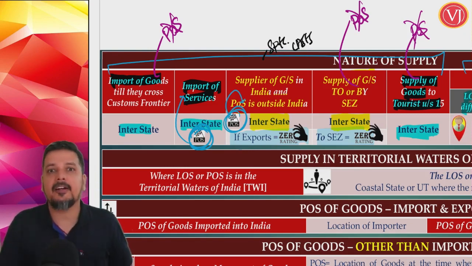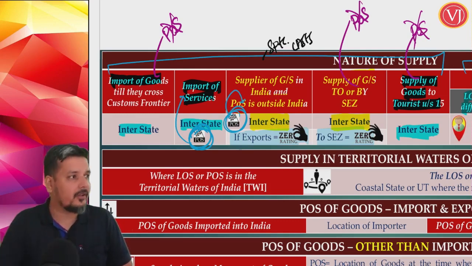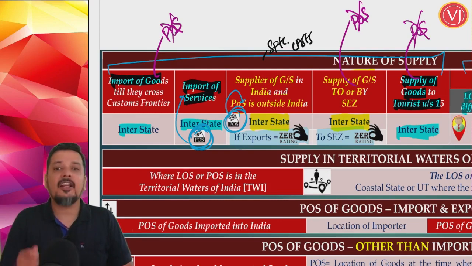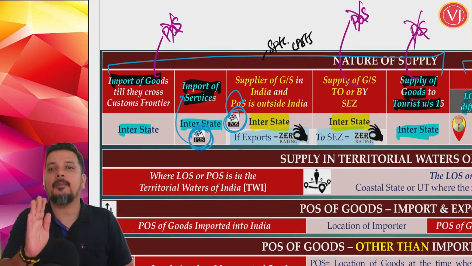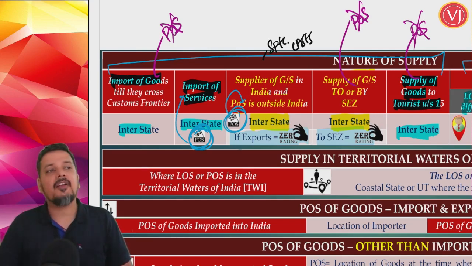It really practically doesn't happen, because till he gives me proof that he is an international tourist, till he gives me his visa copy, I'll treat him as a normal B2C customer. I will not charge IGST. I will charge CGST plus Goa SGST.